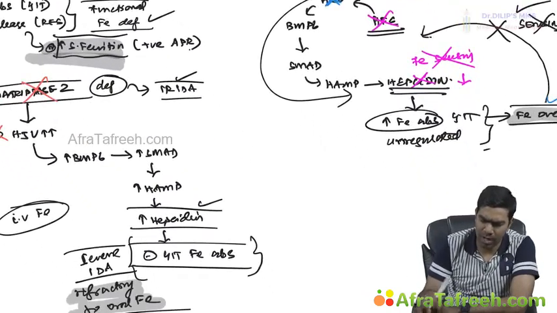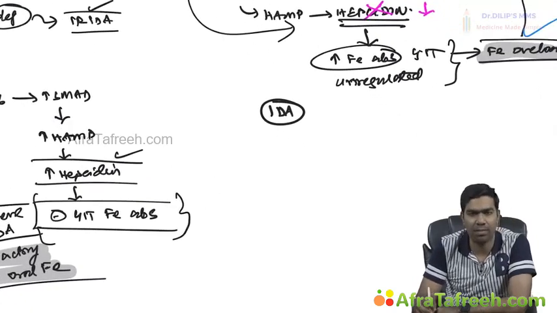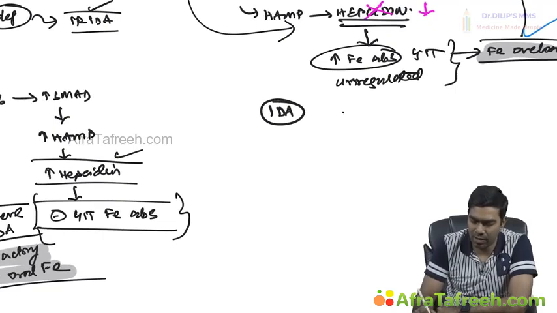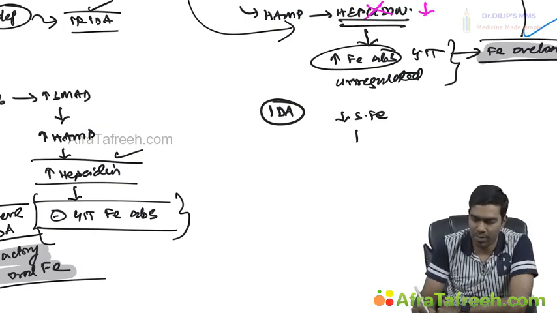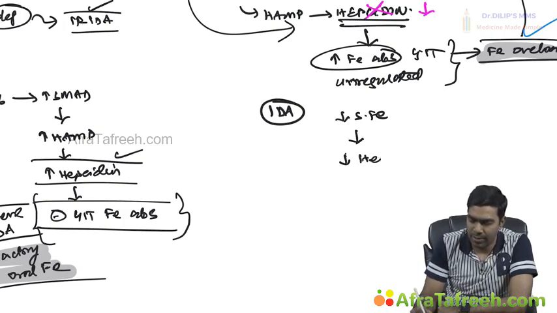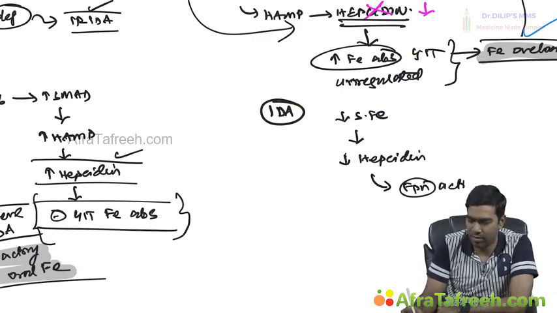Based on hepcidin you can plot a lot of beautiful things. But if you ask me what happens in iron deficiency anemia, the final nail in the coffin, you have a low circulating iron, obviously because of the deficiency, you don't have proper iron. By a lot of signaling, I told you, it's going to reduce the hepcidin levels, which means the ferroportin are very, very active.